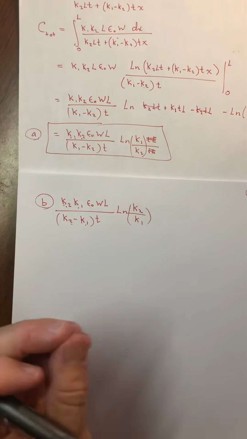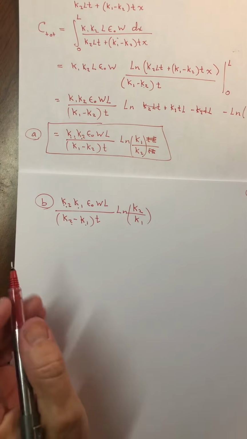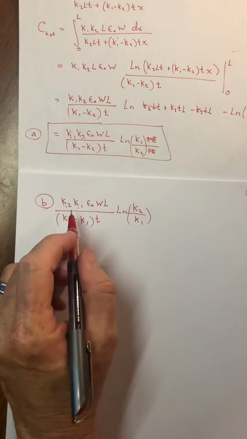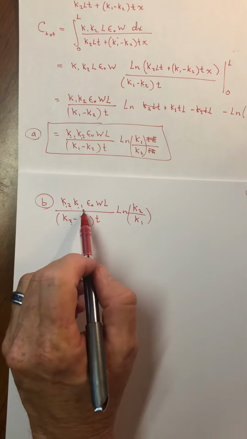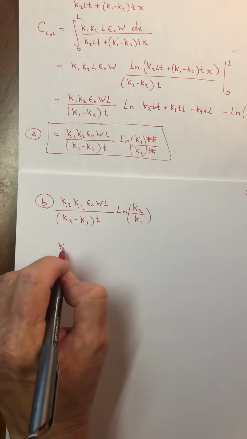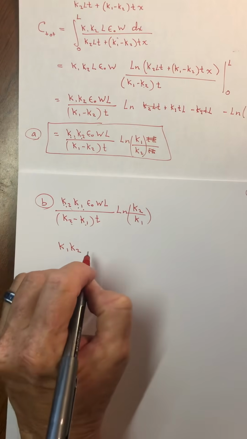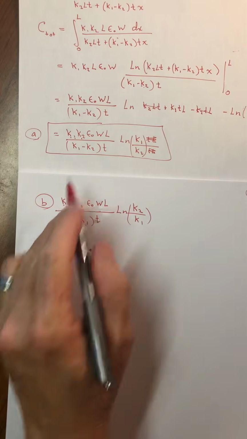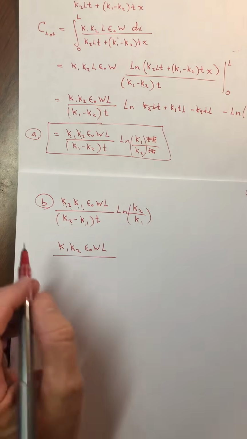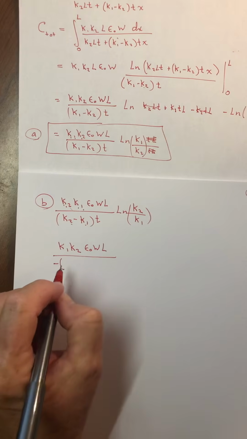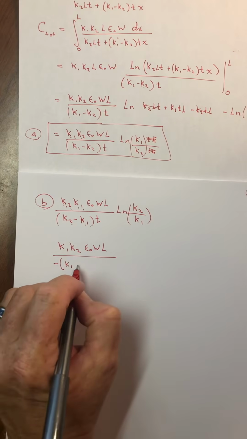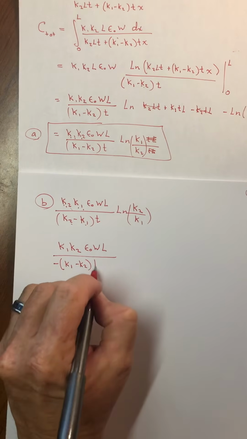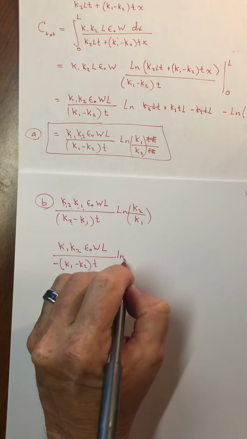In absolute value they are, but one's a positive and one's a negative. So maybe what I'll do, just to kind of prove to myself that this is the same as that, I'm going to rewrite the numerator in what it's still equal to. So I'll just change the order of those. And now it looks a little more like that. But I'll also do this. I'll pull out a negative sign and write it as kappa 1 minus kappa 2 over the thickness.